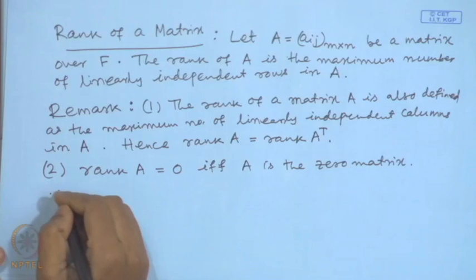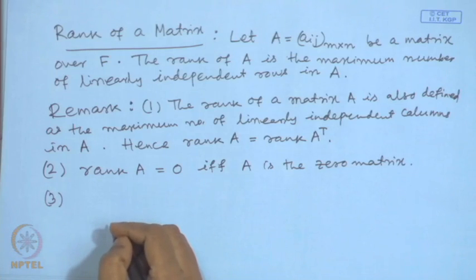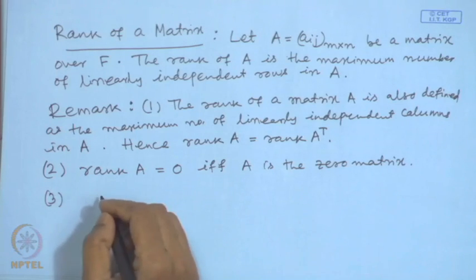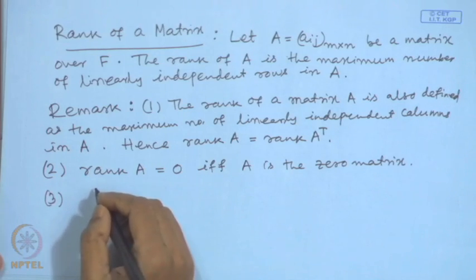And the third remark is that one can find the rank of a matrix from its echelon form, or one can define the rank of a matrix in this fashion also.